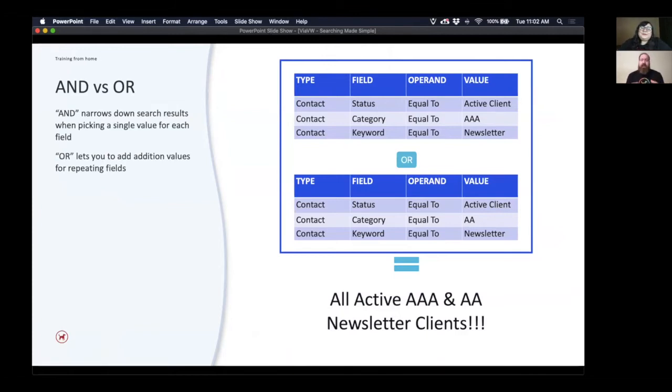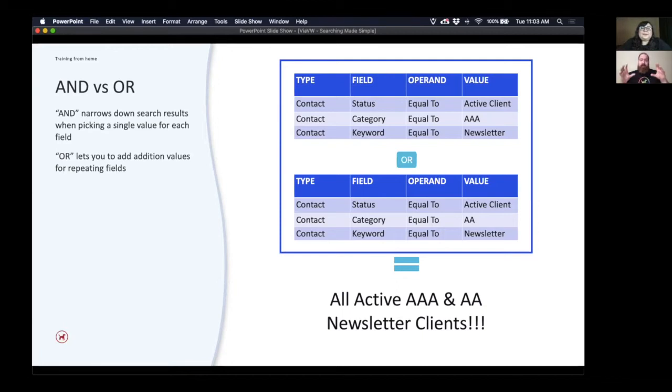And is going to narrow down the search results when you're picking a single value for each field. So if I'm doing status, category, keyword, I'm going to hit and. Or lets you add additional values for repeating fields. The example on the screen is I want to see any active status with the category of AAA or AA and the keyword of newsletter.